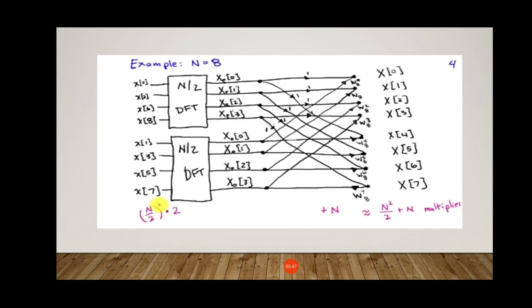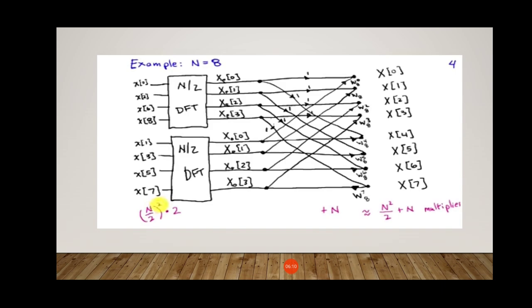Then further, between x0 and x4, x0 is the even part, x4 is the odd part. So there is only a single cross between x0 and x4, x2 and x6, x1 and x5, x3 and x7. That is first addition, then subtraction.